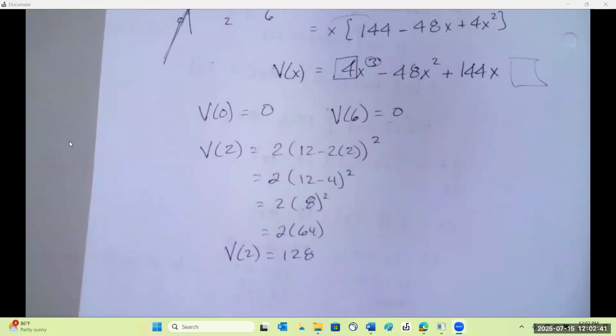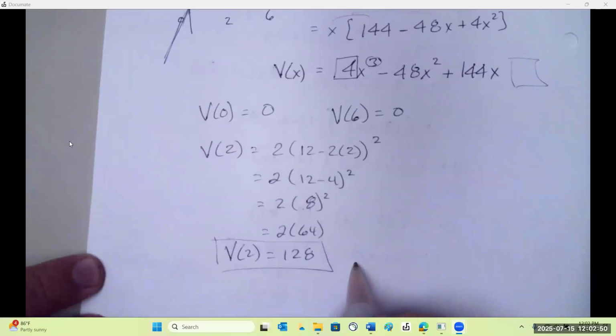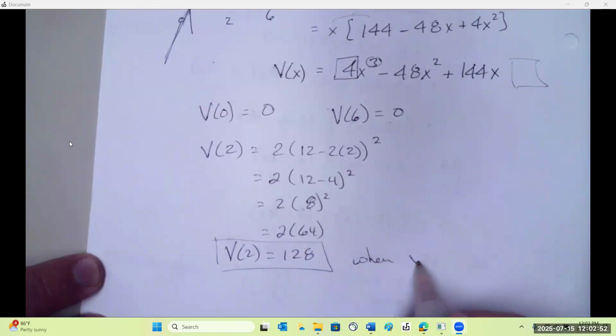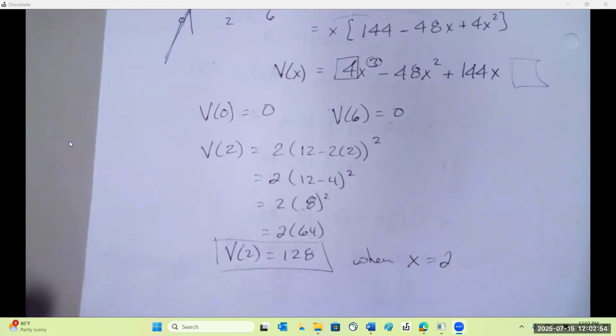So what do we know? Our maximum is what? The maximum volume of this box is 128, when x equals 2 inches or whatever units we're using.